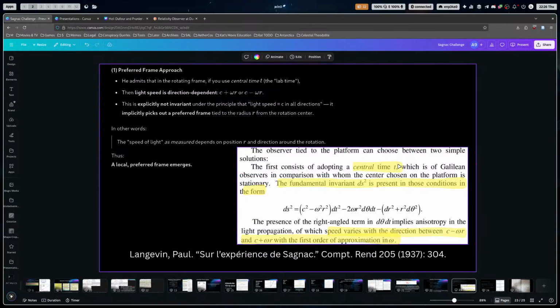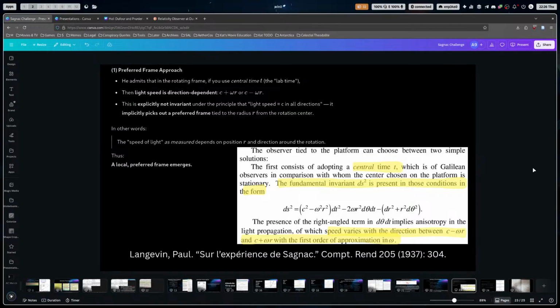And so this central time that he's using, he's just using lab time, and then he constructed this entire coordinate system using absolute time and space. Then he's just saying c plus or minus v to the first order approximation with respect to the rotation. So he created a scenario in which you can have directionally dependent speeds of light, clockwise and counterclockwise, with respect to inertial observers.